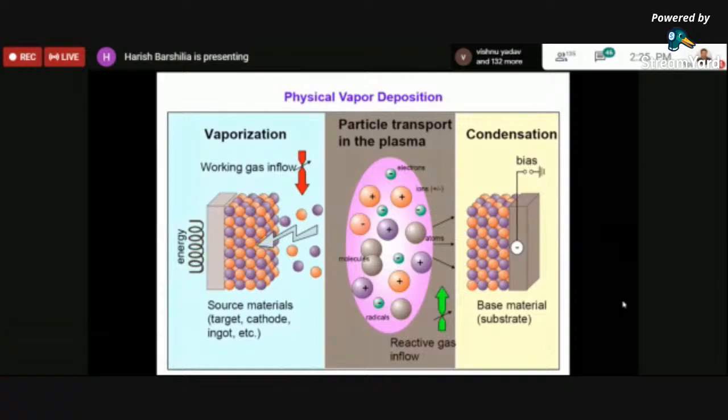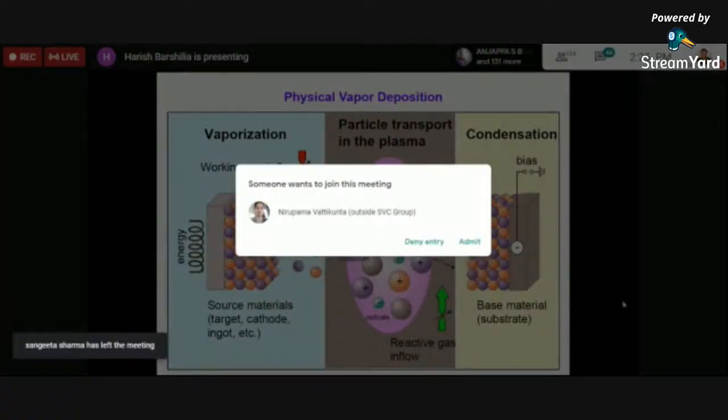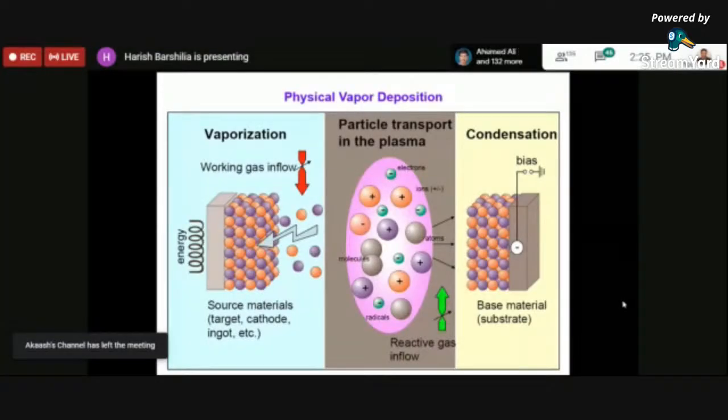For example, if you take a titanium plate, which is widely used in mechanical engineering applications, and put it in this plasma, and then bias this titanium plate to a negative potential, these positive argon ions will be attracted towards the titanium plate, and in that process there will be some momentum transfer. If the momentum transfer is sufficient, there will be dislodging of titanium atoms from the plate, and those atoms you can collect on a given substrate.